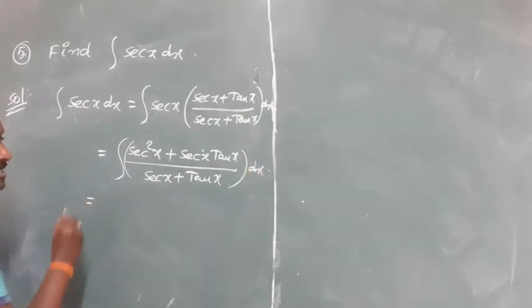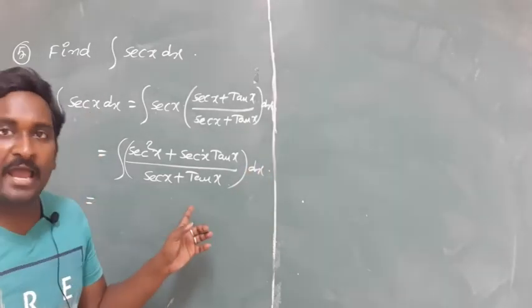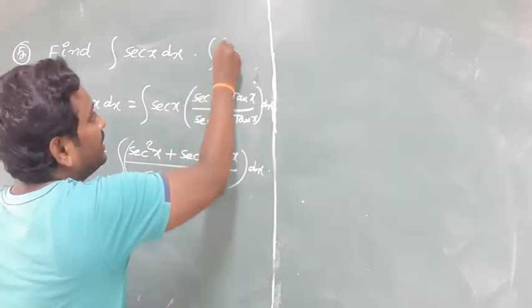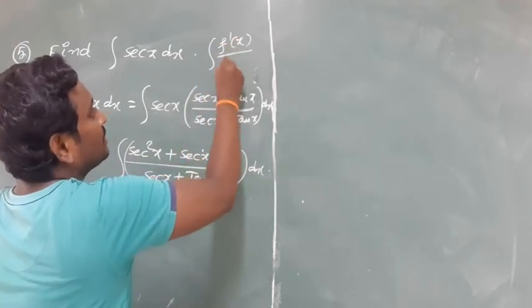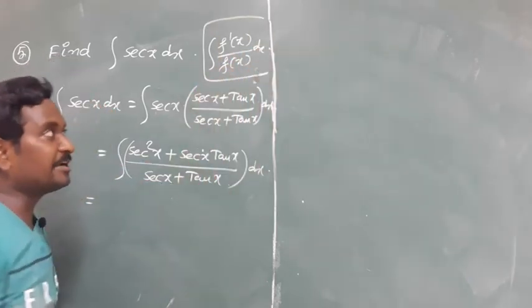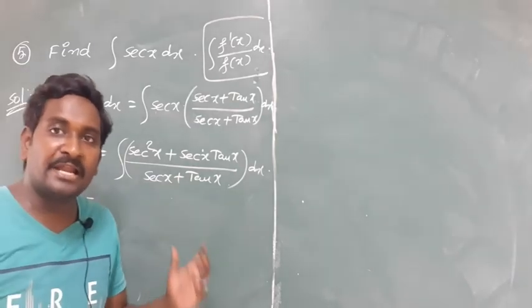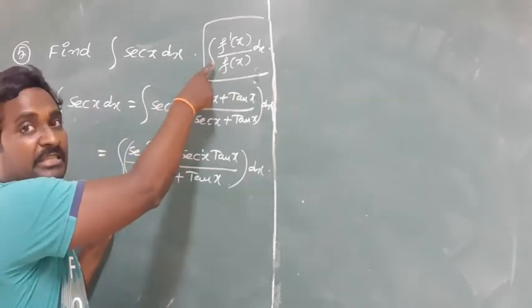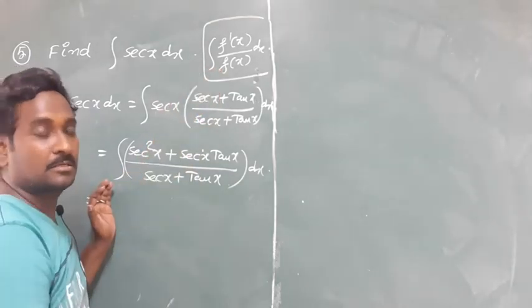Now here also we have the numerator and denominator. So let me check this formula, integration f dash of x whole by f of x dx. Every time we have a numerator and denominator inside the integration, I will check whether this formula is applicable or not.